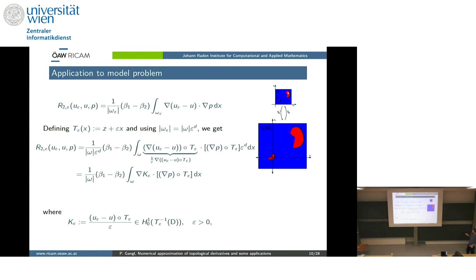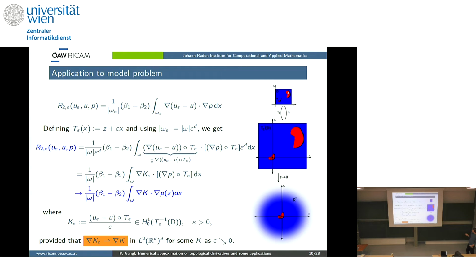So what does it mean if epsilon is going to 0 now? For now, we assume that there exists a function k such that k epsilon converges weakly. So the gradient of k epsilon converges weakly to the gradient of k. If such a function exists, then we can show that R2 epsilon converges to this term, and we're done.